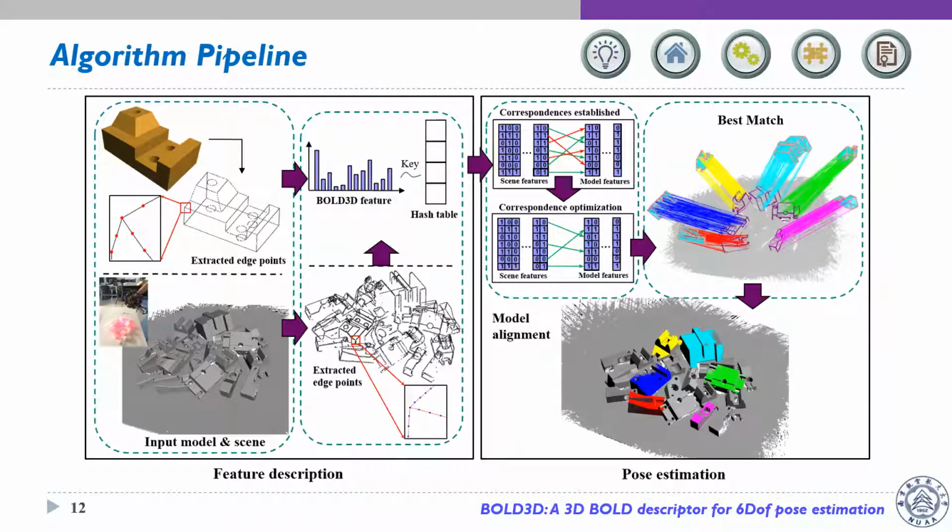The geometric primitive, which makes up the BOLD 3D descriptor, consists of a pair of oriented 3D line segments, and is formulated as an anti-symmetric 5D vector using different angles and distances, as well as the inner product of two vectors to describe the relationship of two line segments.